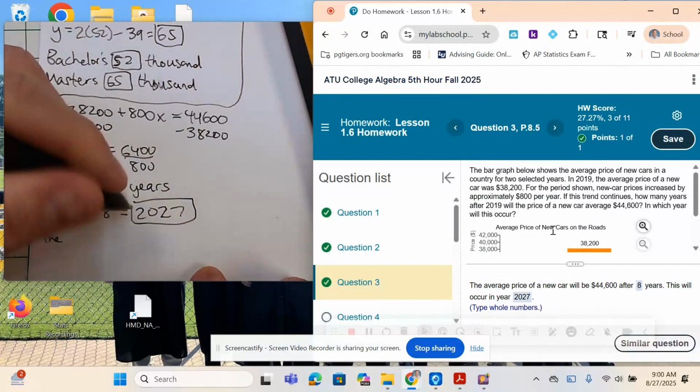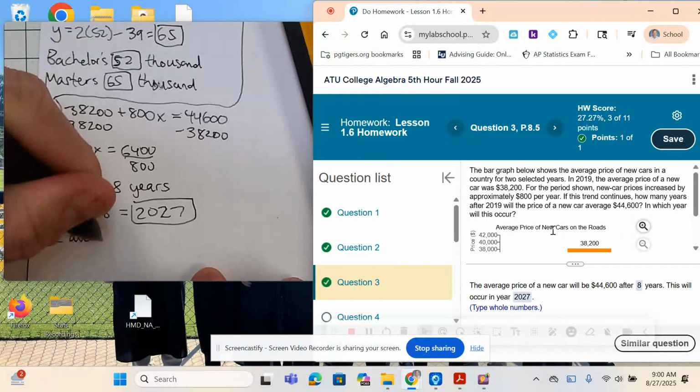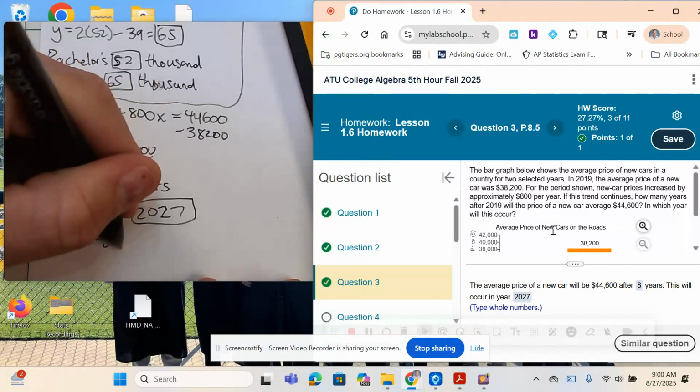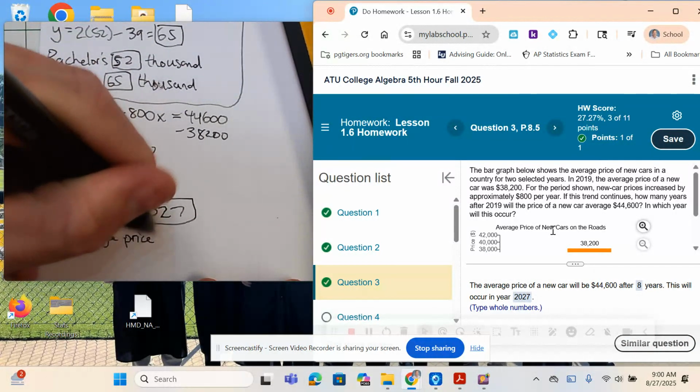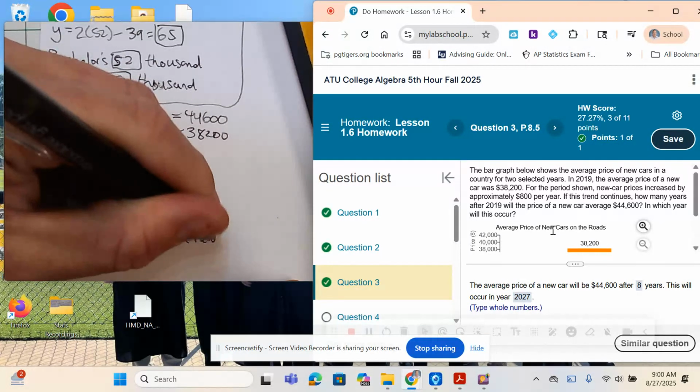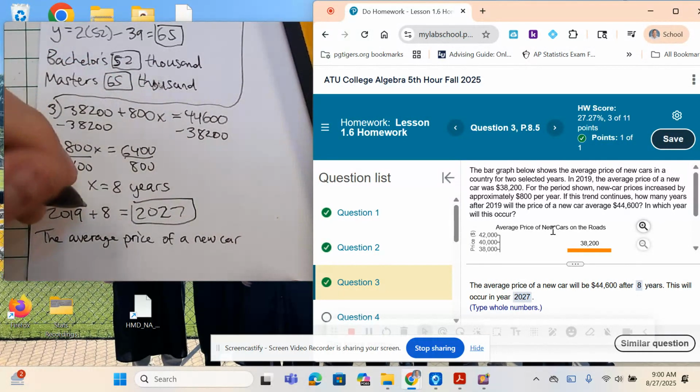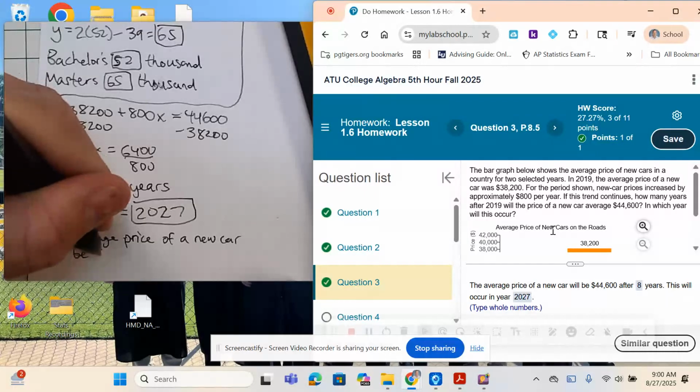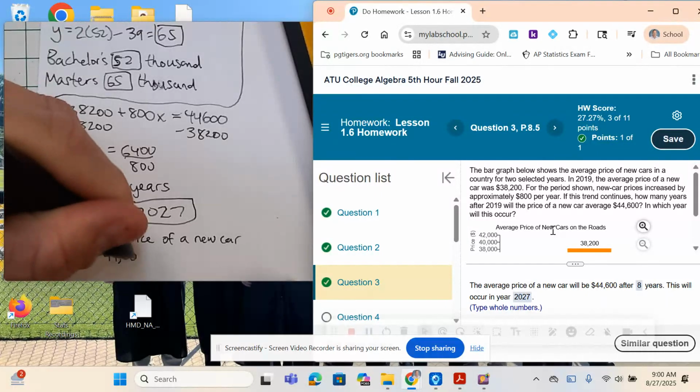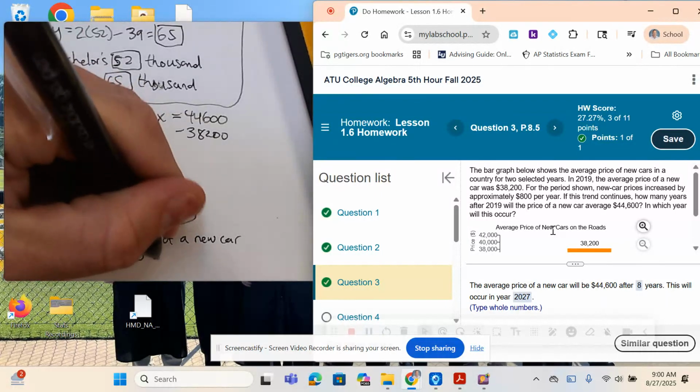The average price of a new car will be. Did y'all have the same question on this one, or is it different numbers? Okay. I ended up getting the same answer.